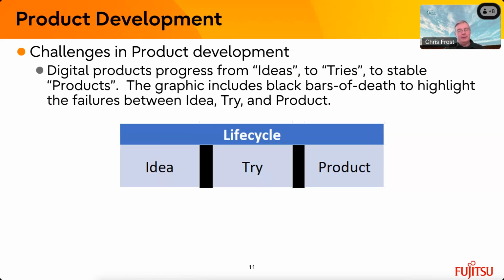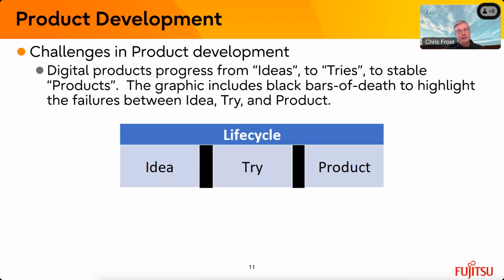Digital products moving through a series of stages that you might call idea, try, product, meaning that you start off with just some idea in your mind about potentially a good idea for a product. Then you might move on to trying it out, or some parts of that product, some experiments, MVP, prototypes, call it what you will, until eventually you get to some viable product, some stable product that you can confidently sell at scale in the marketplace.